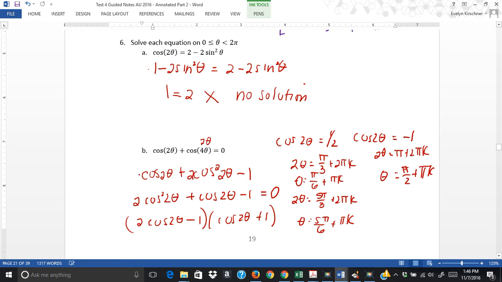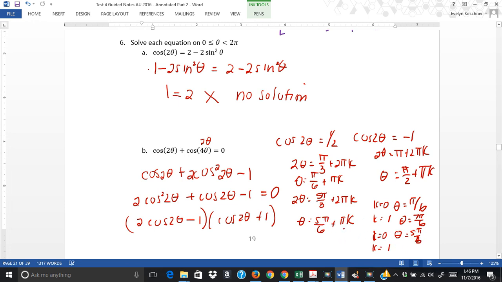So for the first one, if k is 0, theta is pi over 6. If k is 1, theta is 7 pi over 6. Okay, for the second one, if k is 0, theta is 5 pi over 6.